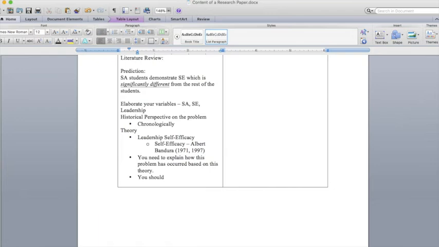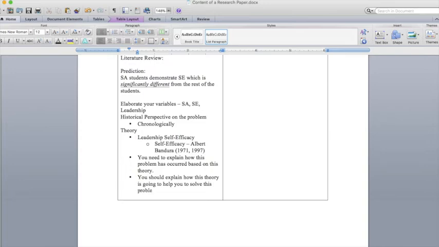And you should explain how this theory is going to help you to solve this problem. So we use this theory to understand the problem and how to solve this problem.